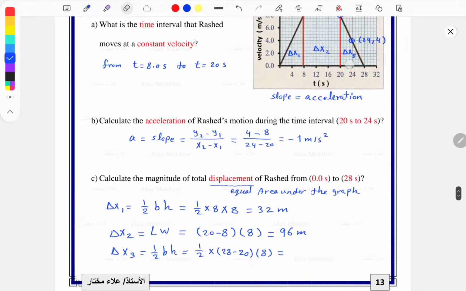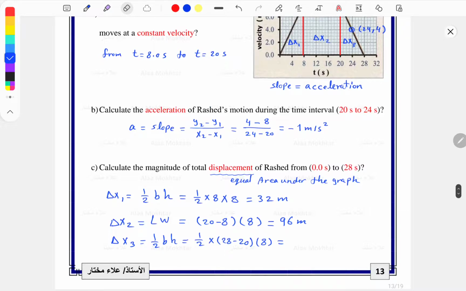Then the answer will be 28 minus 20, which is 8. 8 times 8 is 32 meters, like the first displacement.